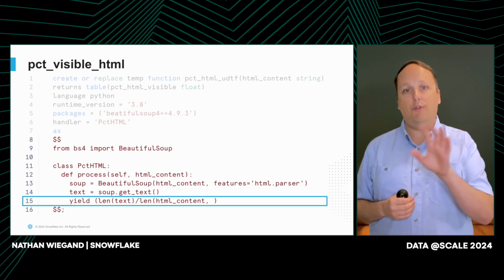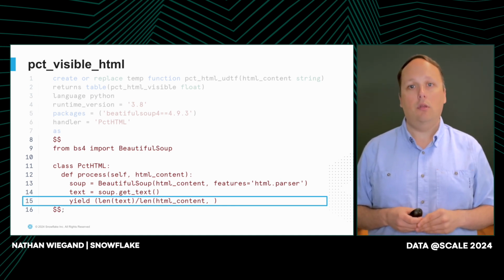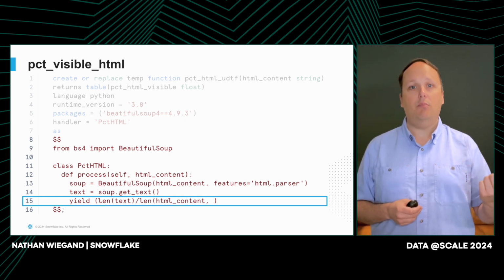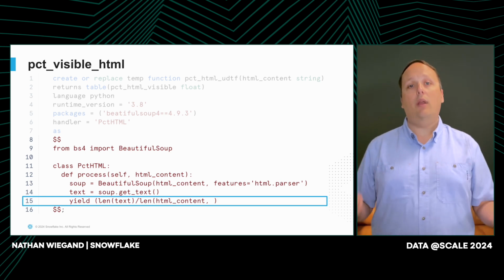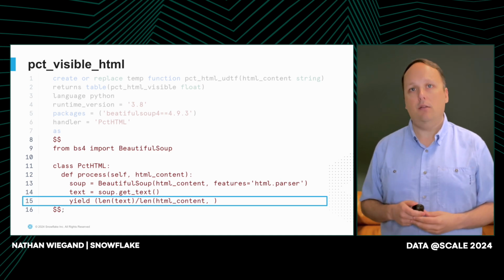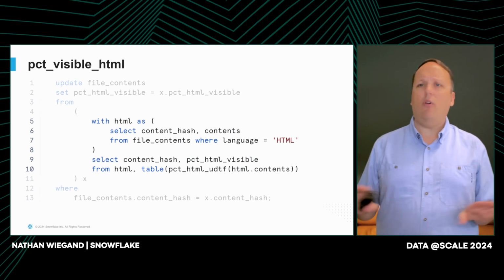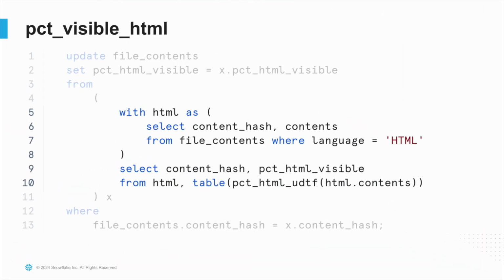So when we yield, the first value of that becomes the html_visible in the definition. Here, we're yielding the ratio of the length of the rendered text using Beautiful Soup to the length of the original content. If you were to execute the overall query, you would get a new function in your environment. So let's see how you'd use it. Let's assume that we've already created the new column, which is called html_visible, and we only need to populate it.